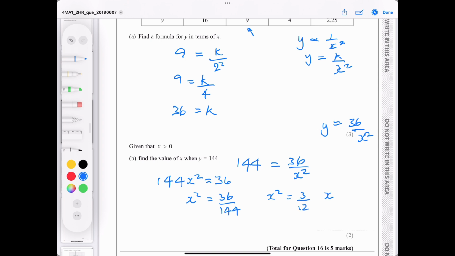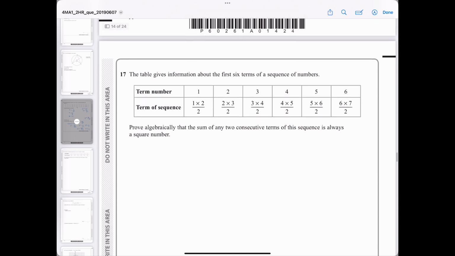Oh, x squared equals a quarter. Now we have to square root that. So if we square root both sides, we get x equals plus or minus a half. But we know it's only going to be greater than 0, so x equals a half. And that's your answer. Right, next question.